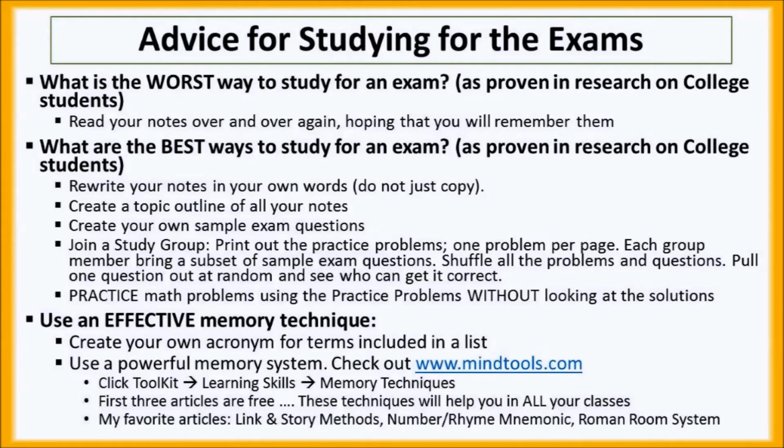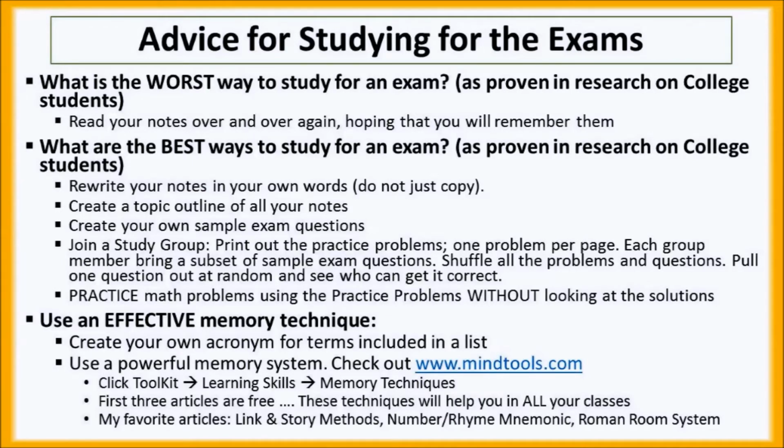Then, for instance, assign certain lectures to each one of the study group members, where they would create exam questions based upon that particular lecture. You'd bring all of those problems and questions together, one question on each page, put them in the middle of the table, shuffle them all up, pull out one question at random, and then try to figure out the answer to that question as a group.